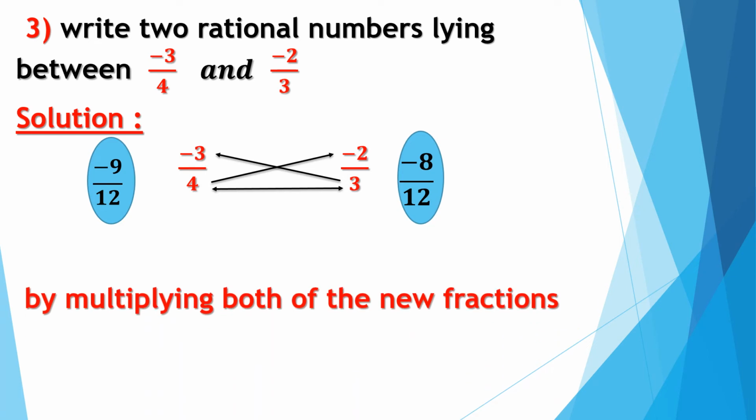By multiplying the two numbers by a new fraction, 3 over 3, 4 over 4, any number we choose, to make the fraction greater and find two numbers lying between those, it will be negative 9 over 12 times 3 over 3 and negative 8 over 12 times 3 over 3.